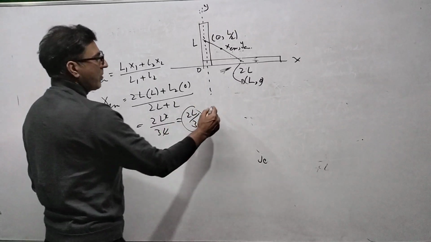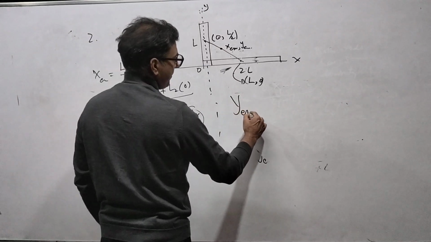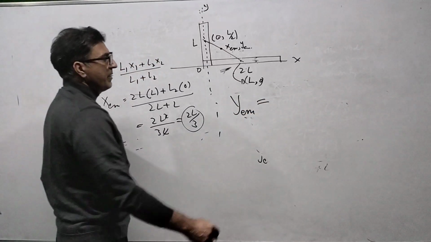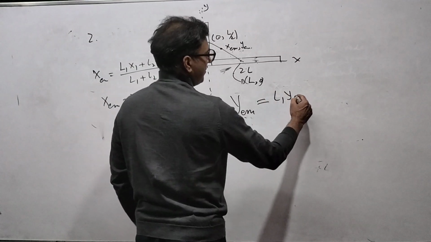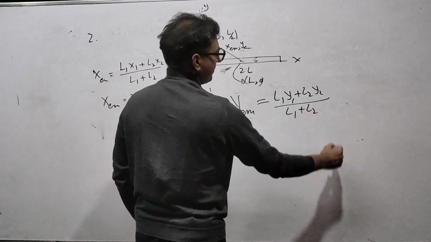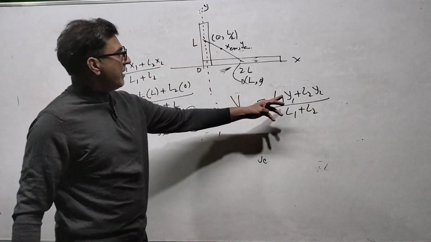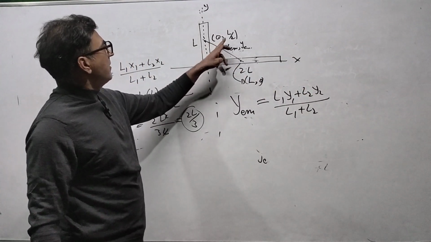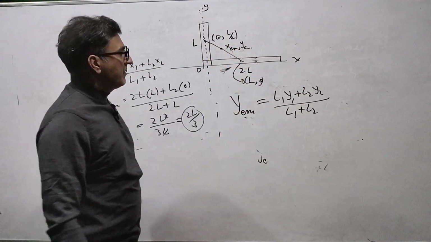You can also find the Y coordinate accordingly. YCM equals, use the formula, L1 Y1 plus L2 Y2 by L1 plus L2. You can substitute Y1 as 0 and Y2 as L by 2 and get the answer.